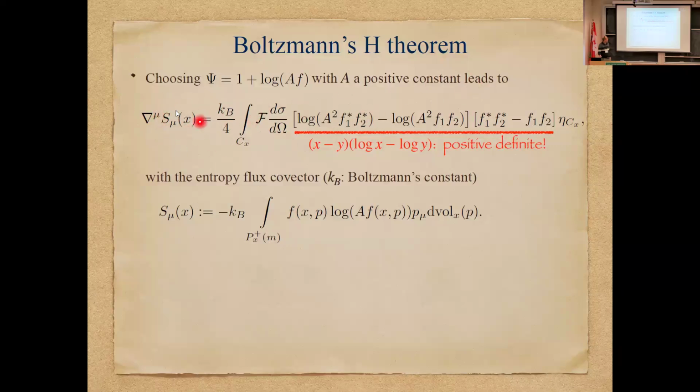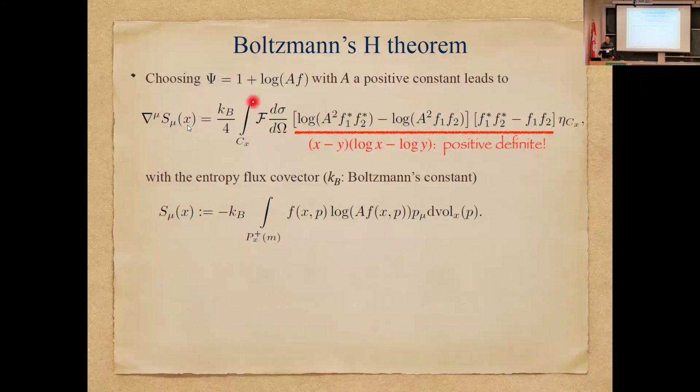So you have the divergence of a covector field S mu given by this expression here. And this covector field S mu is the integral of F log F, and you put here minus KB, where KB is the Boltzmann constant, and this is the entropy. This is what is called the Boltzmann entropy.